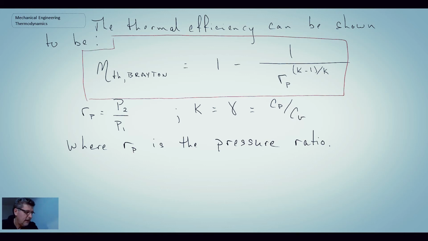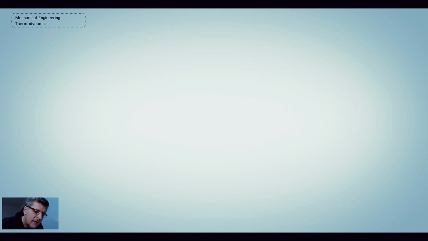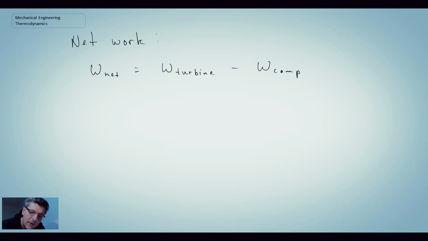The other thing is the amount of work that you get out of the Brayton cycle. As I mentioned, sometimes you may have an industrial process or electricity power generation, and you want work out. So here we can write the net work is the work that we get out of the turbine minus the work that we have to put into the compressor. So that kind of makes sense. Those are the two aspects that are doing the work.